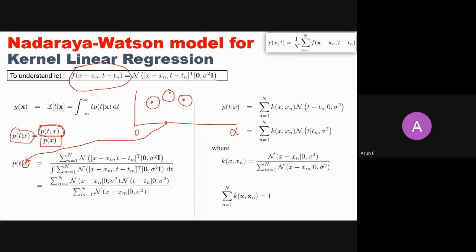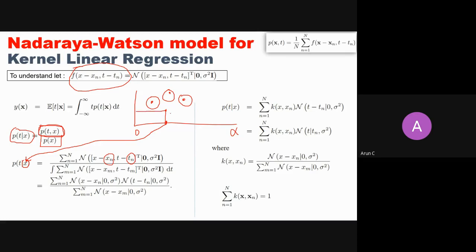So what I do for x comma t, where t is also general here. This is the density over all x_n in my data set. Let's say I freeze t also. Let's say this is t, so this is x and this is t.